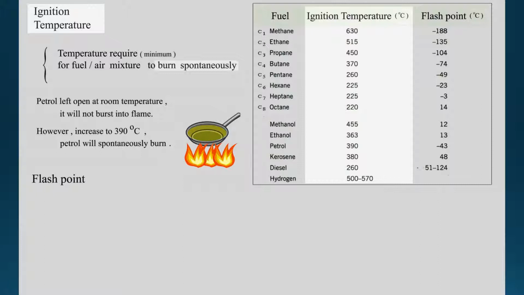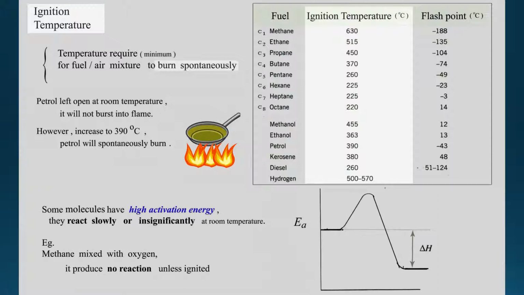Your cooking stove's maximum temperature is about 200, and you need about double, 390, for this petrol to become hot enough to burst into flame. That means petrol is not as dangerous as you think.